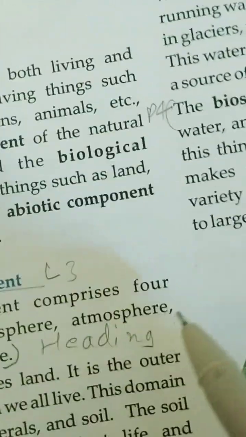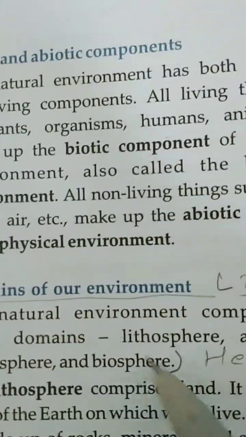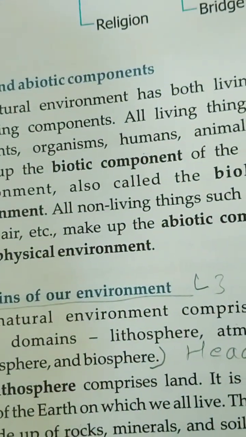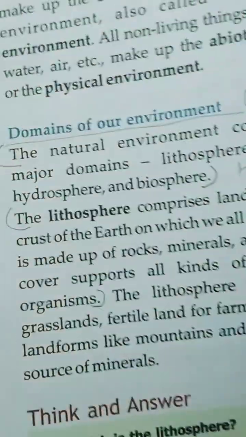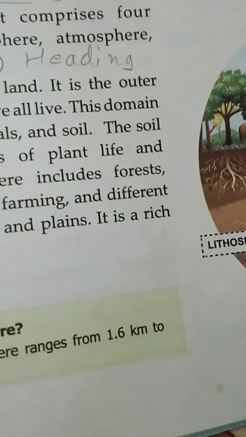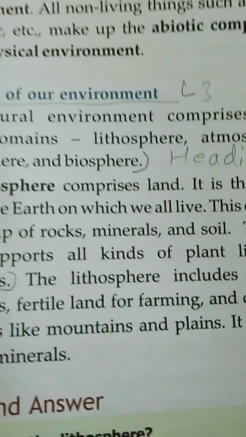Lithosphere, atmosphere, hydrosphere, and biosphere are the domains. Now let's understand these 4 domains step by step. First step, lithosphere. It comprises land. You can remember it like L for lithosphere, L for land.